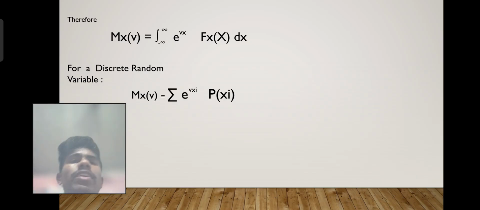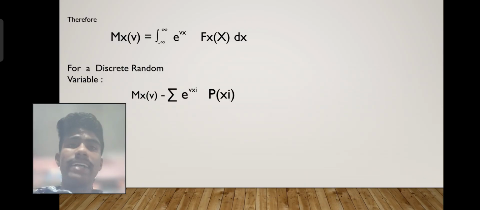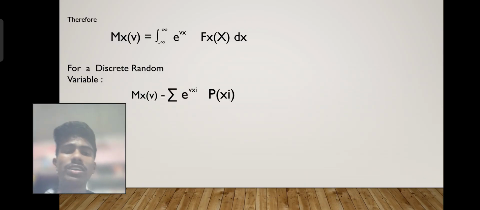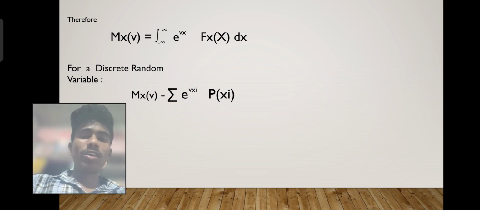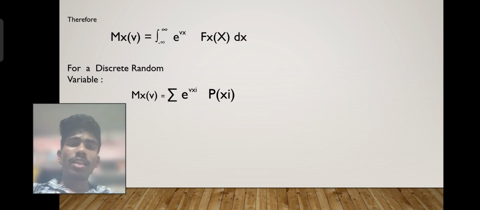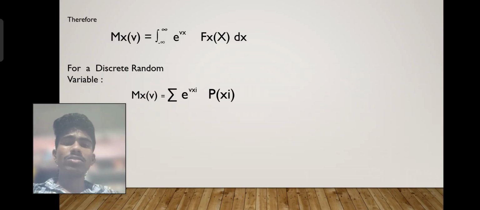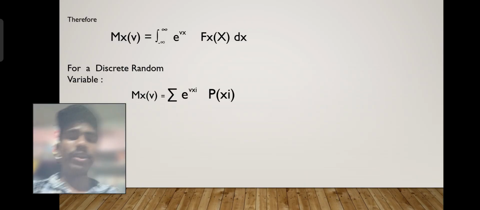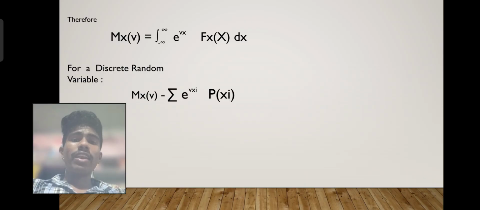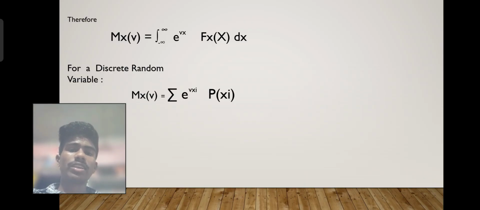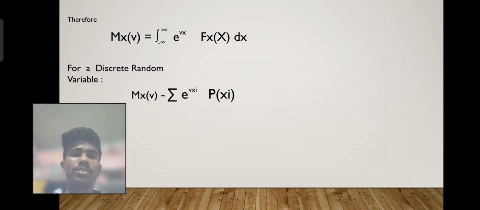The nth moment of X can be derived from the moment generating function. Here the j operator does not exist. The main disadvantage of a moment generating function is that it may not exist for all random variables and all values of v, but the characteristic function exists for all values of x and ω.